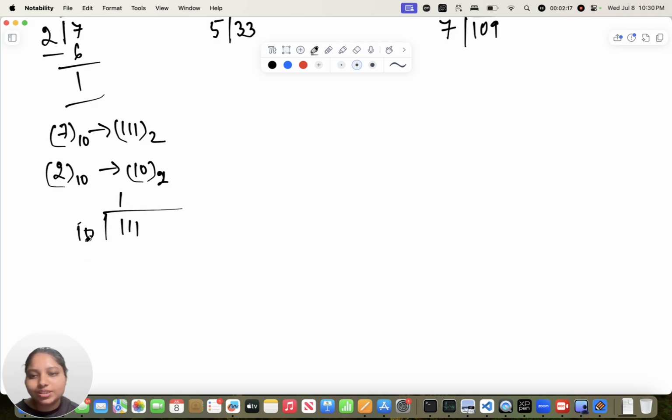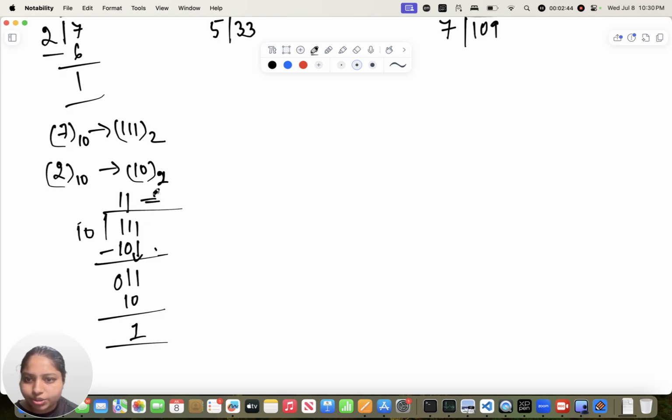Here I can only multiply with 1, so 10 times 1 is 10, and subtracting, 1 minus 0 is 1, 1 minus 1 is 0. Now I have a 1 left over, I bring it down again, and multiplying 10 with 1 because I can still subtract. Subtracting this, I have 1 as a remainder, and that's it.